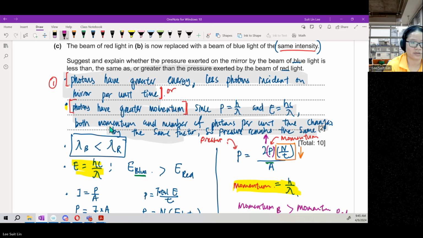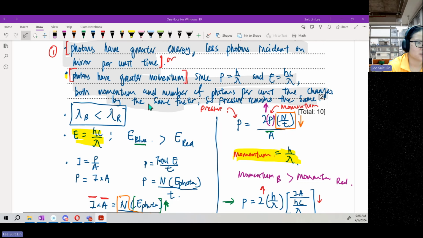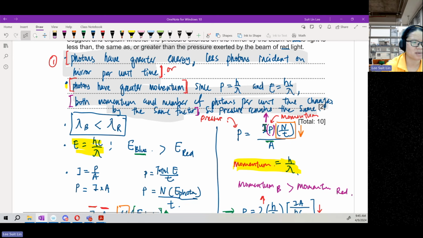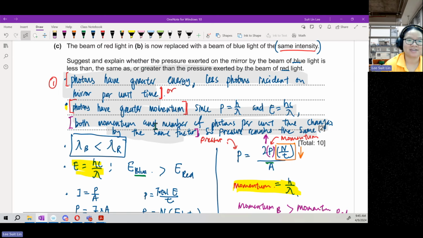Second mark, you can just mention that the pressure is the same because both momentum and the number of photons per unit time change by the same factor. If I have space, I will say momentum increases and number of photons per unit time decreases by the same factor. So 1 increase, 1 decrease by the same factor. Yep, this is a hard one.